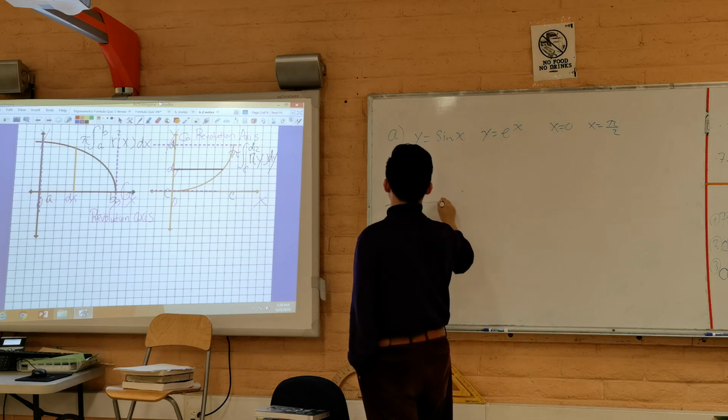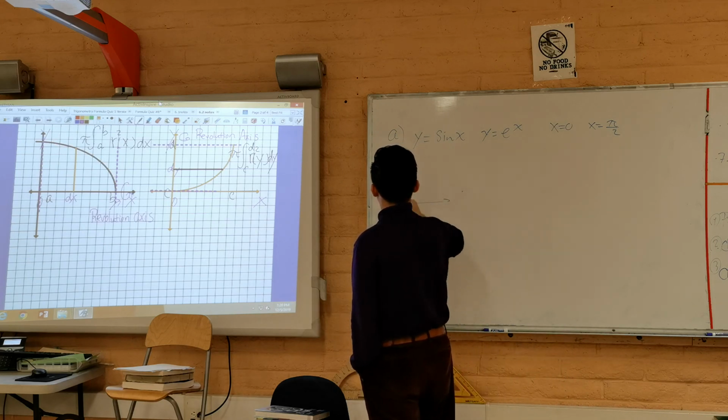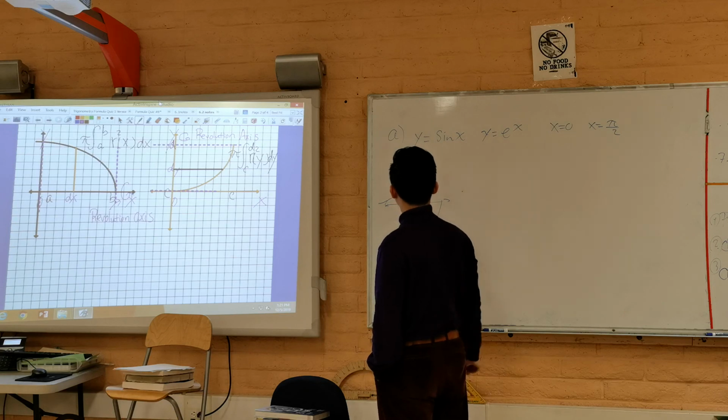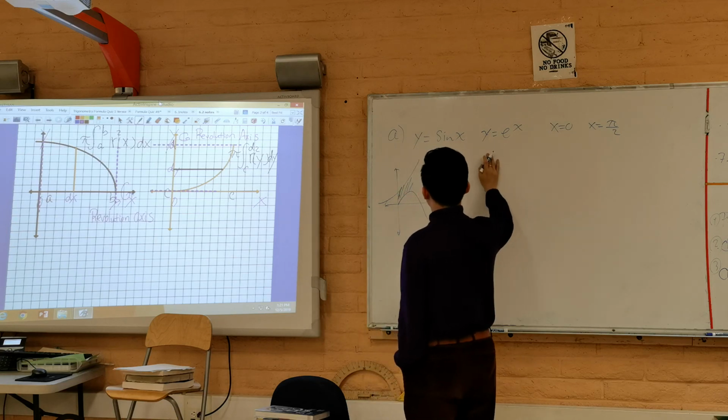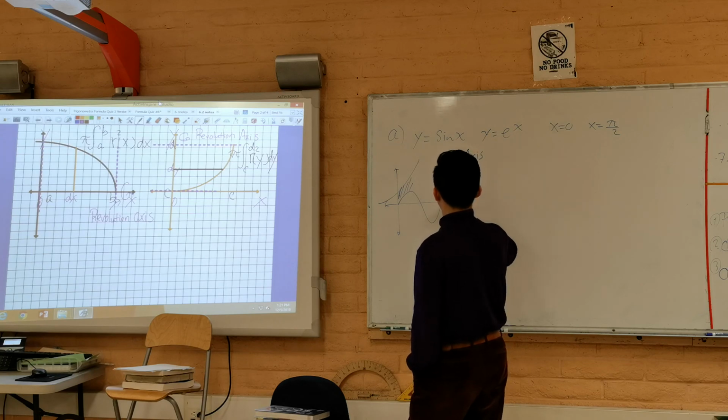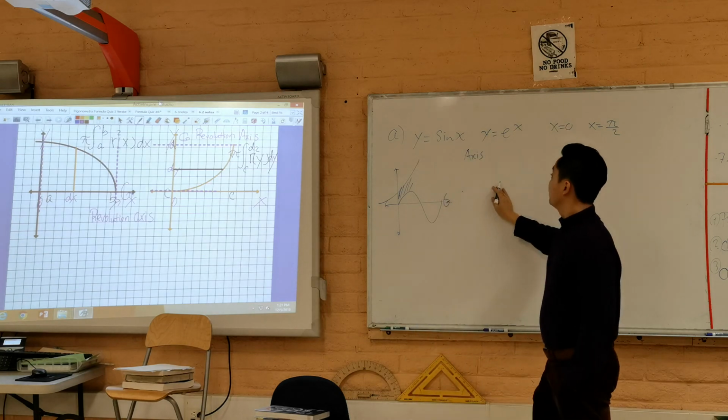So for the graph that we did earlier, it's the roller coaster, the sine curve, and the exponential function. And let's say that the revolution axis would be the x-axis. So it's revolving this way, around the x-axis.